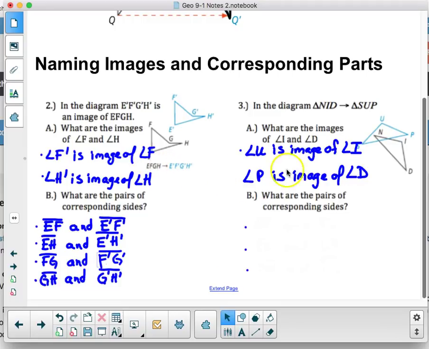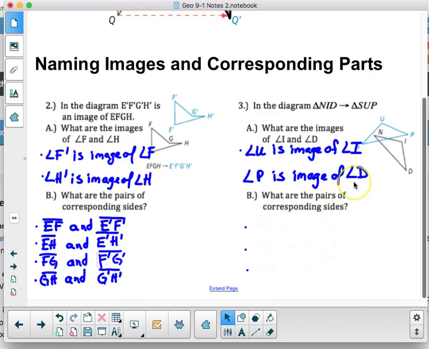I would like you to use the order that we have here, and we won't use primes in this example 3, because we have the same letters to help associate the idea of one point to another. We're looking at N to S, I to U, D to P. So I want you to be thinking, what are the pairs of corresponding sides?